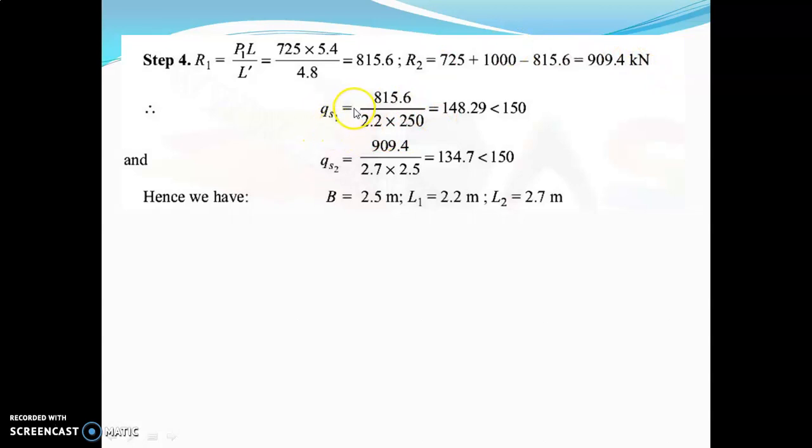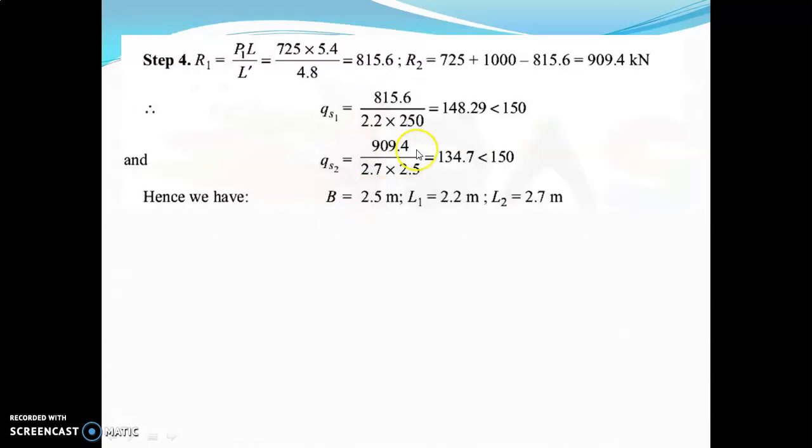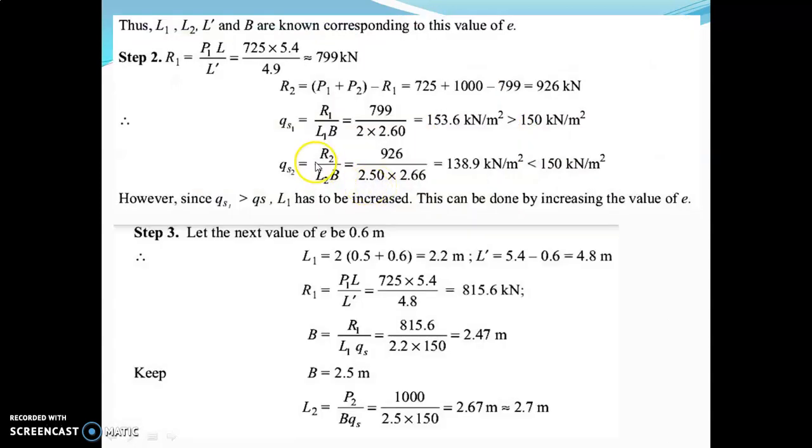QS1 is equal to 815.6 divided by 2.2 into 2.5. That is this formula. Okay. QS1, R1 divided by L1 into B. So you get 148.29, that is less than 150. Now QS2. QS2 is what?